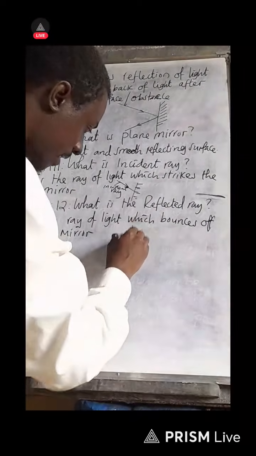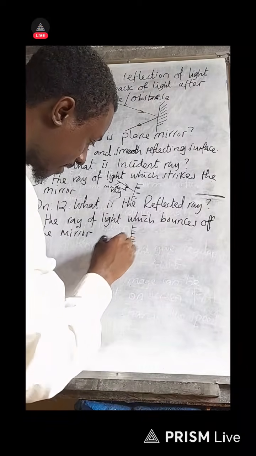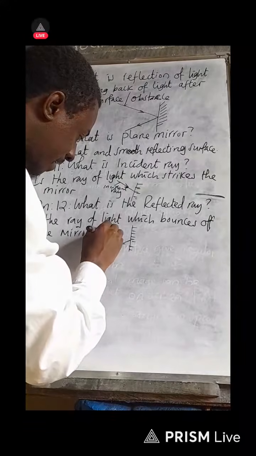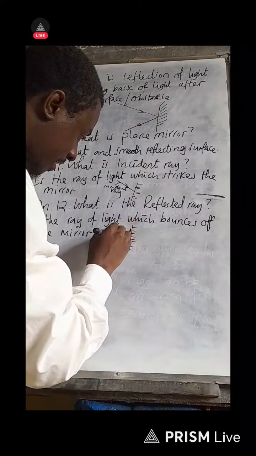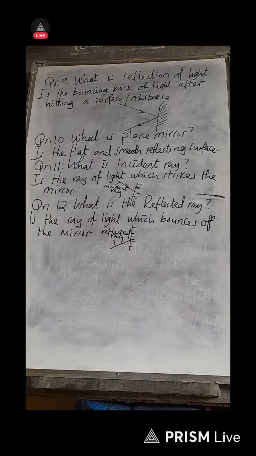If this is a plane mirror, the ray which is running away is what is known as the reflected ray. So that is the correct answer about what the reflected ray is.